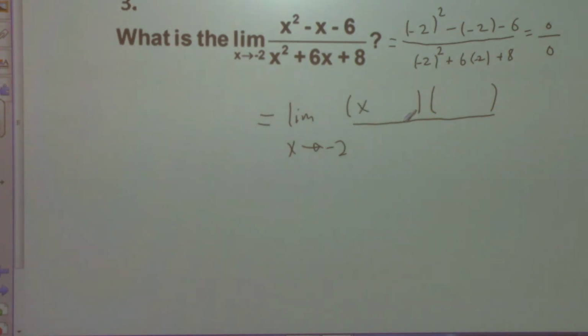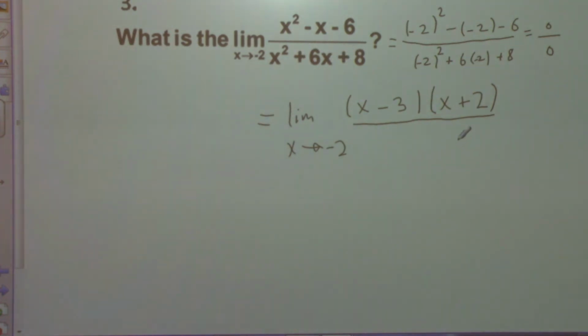I got x minus 3, x plus 2, is that what it is? Yeah, that's it, isn't it? And then you have this, so that's your factoring in the numerator. In the denominator, you have all pluses. So what do you know one of the factors of the denominator has to be?